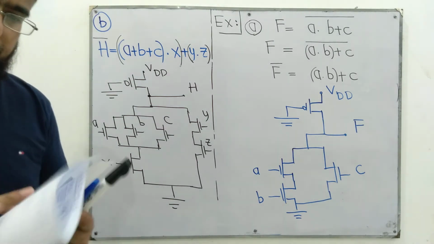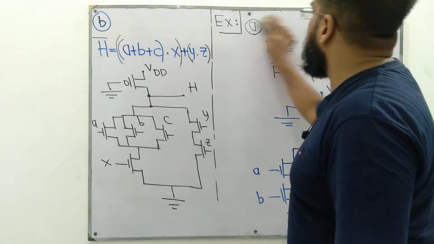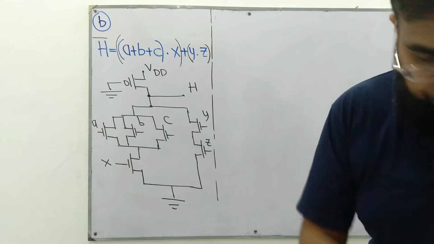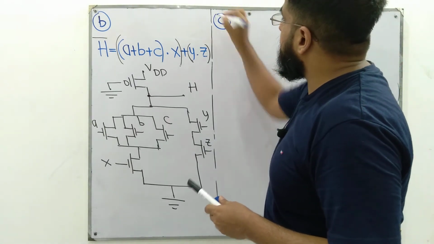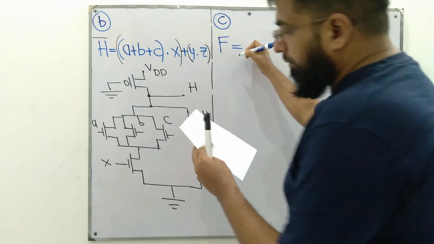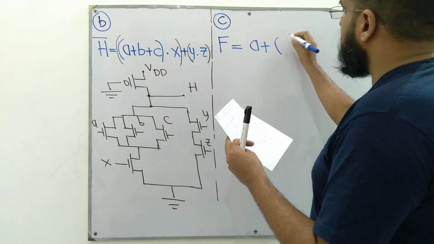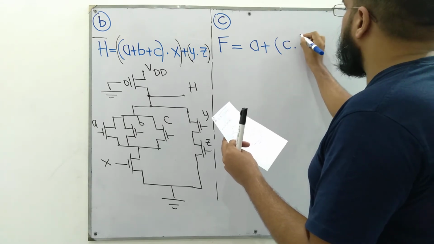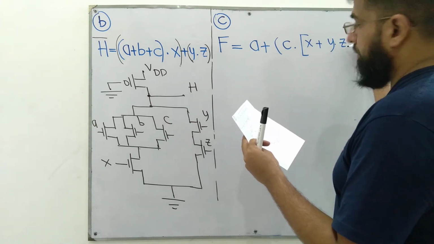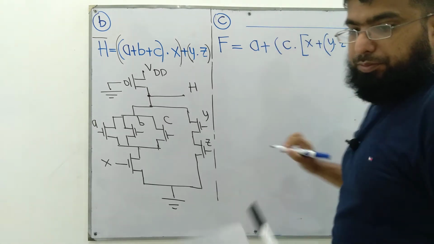Right. Let's move on to the third part of the example, where expression F is given to be A plus C dot X plus Y dot Z, and this whole.